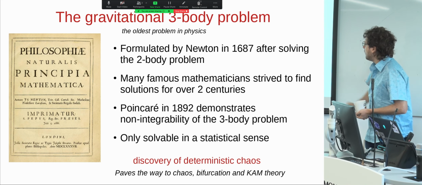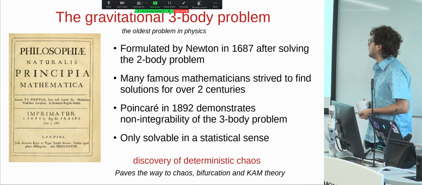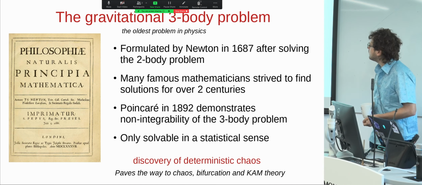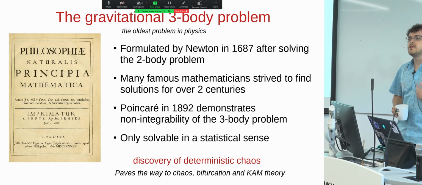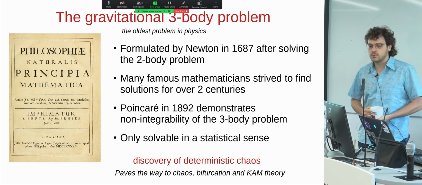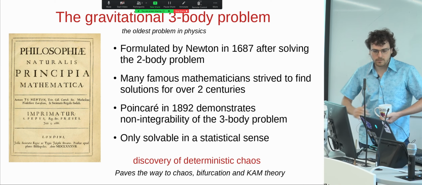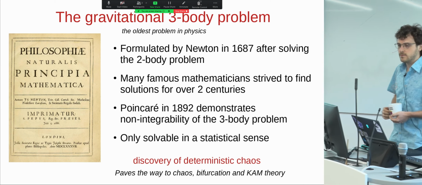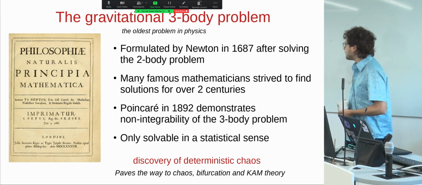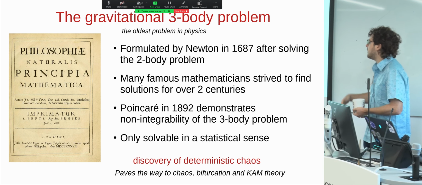And eventually, Poincaré demonstrated in 1892 that it's not integrable, that you cannot have solutions to the three-body problem, just like we have for the two-body problem, which is purely analytical and beautiful, as Newton found. But we can solve it in a statistical sense.